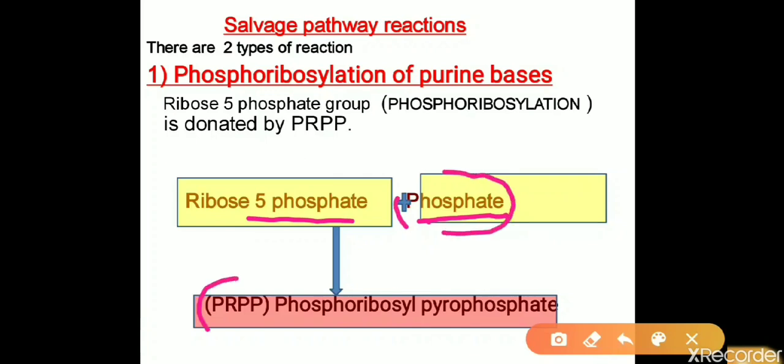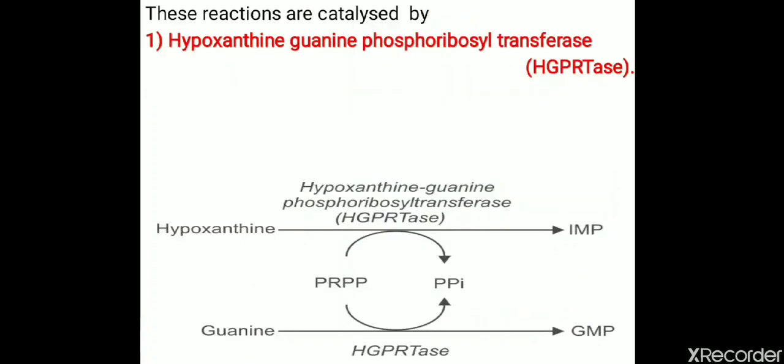So PRPP is produced by the phosphorylation of ribose 5-phosphate. Clear? So for salvage pathway for the purine bases, PRPP donates this ribose 5-phosphate. By releasing their ribose 5-phosphate, this PRPP is converted into phosphate group.